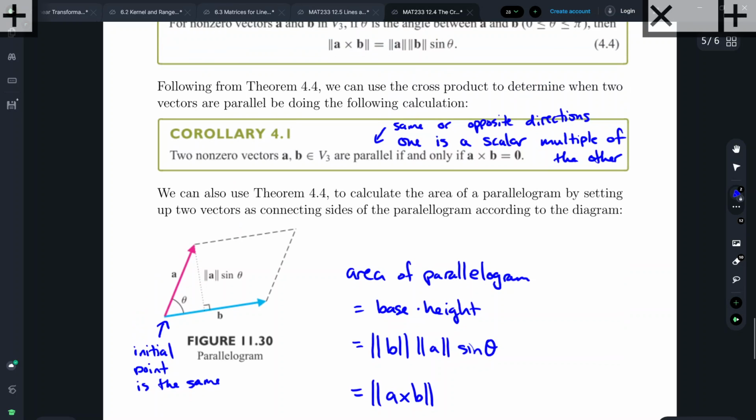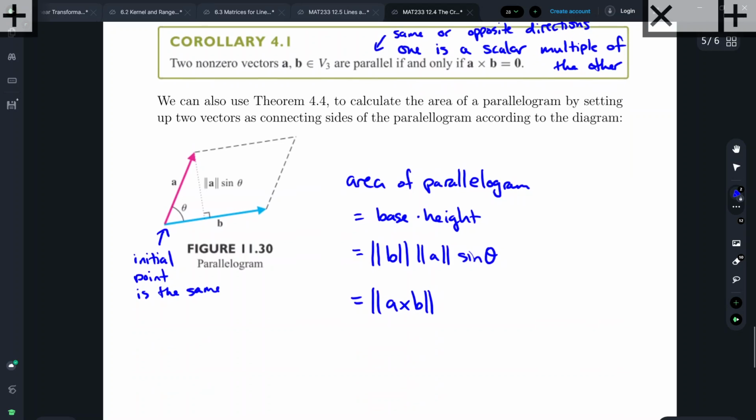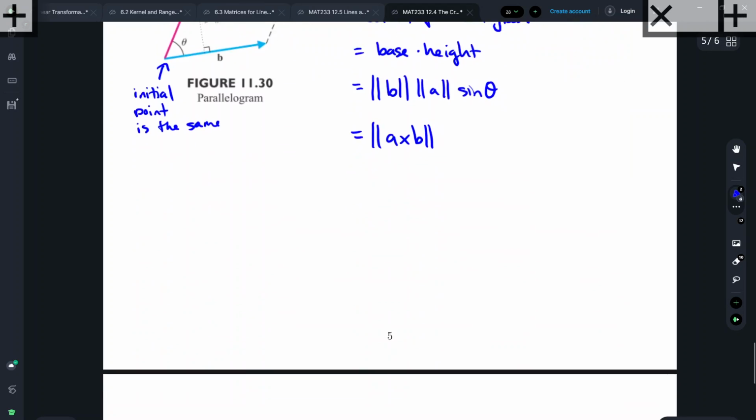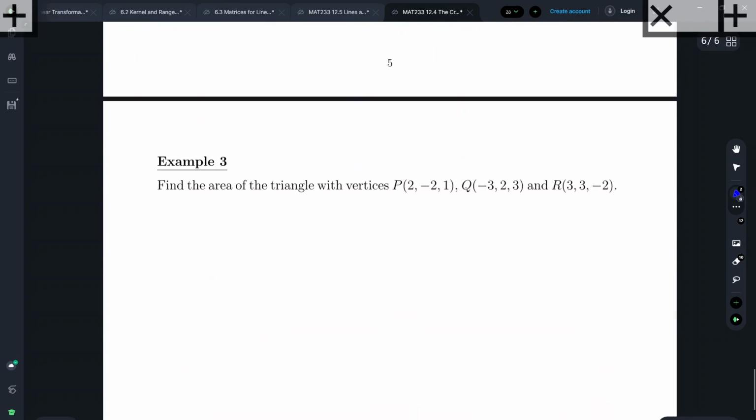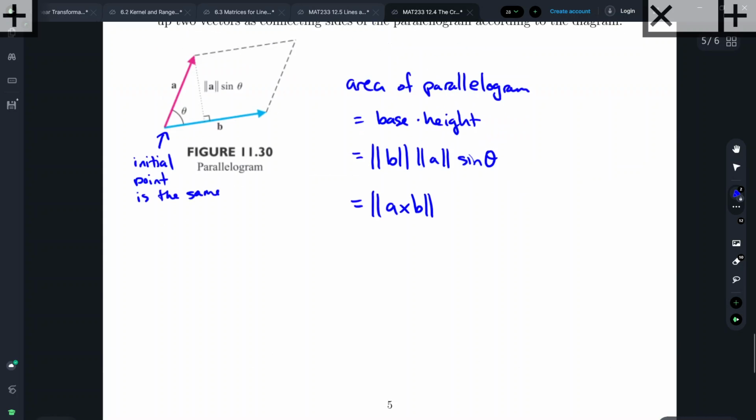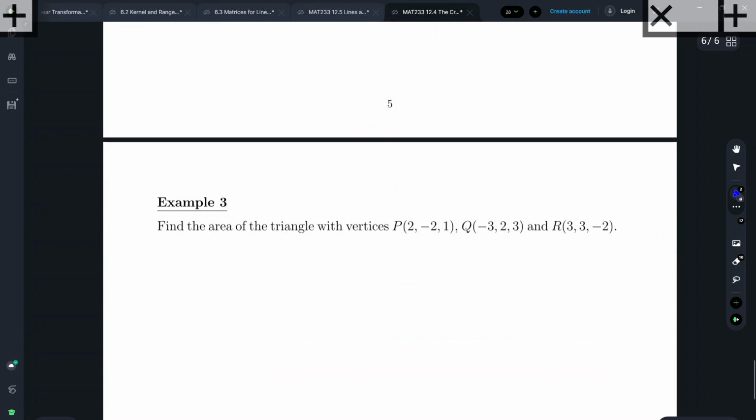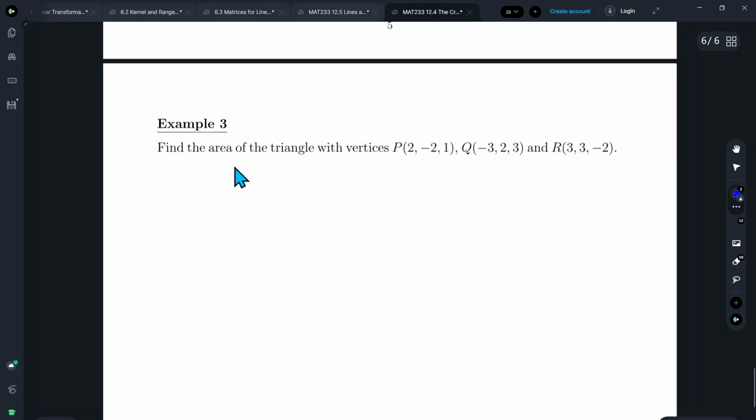We're going to take this idea and apply it to example 3 on the next page. In example 3, we're asked to calculate the area of a triangle, not a parallelogram, with vertices P, Q, and R. This is in three-dimensional space, so it's hard to visualize, but let's imagine we're arranging the points P, Q, and R in some arbitrary way.